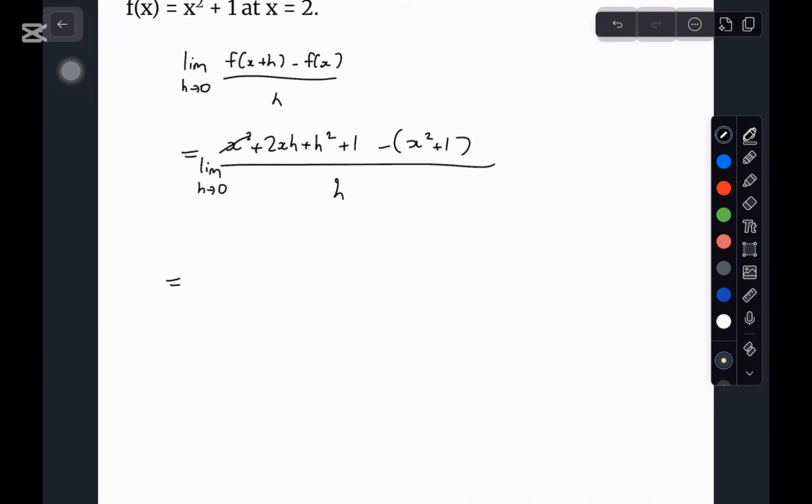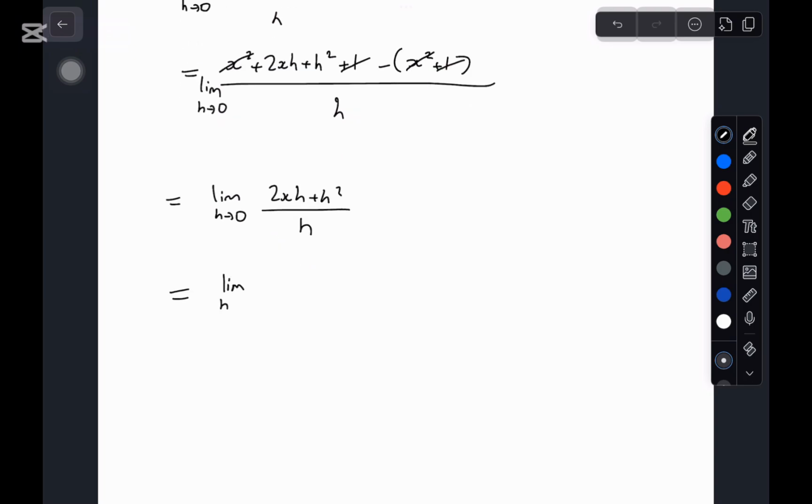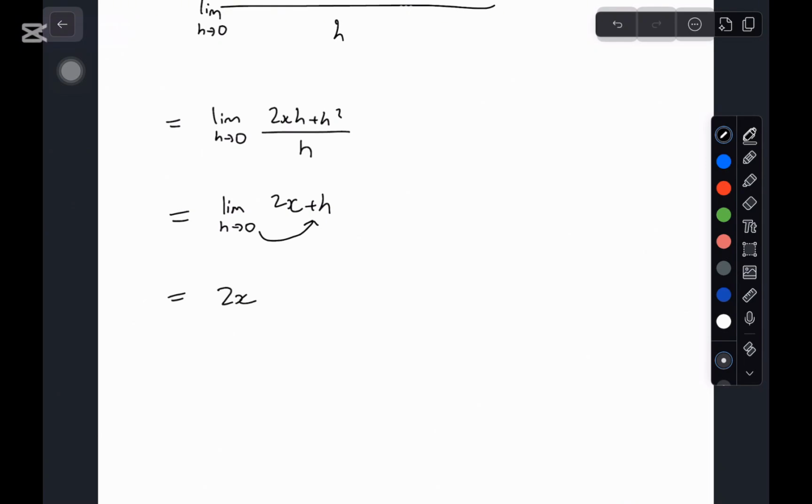We cancel out the terms x squared and 1, so we get limit h tends to 0 of 2xh plus h squared over h. After some simplification and factoring, we get 2x plus h, limit h tends to 0. So when we replace h with 0, we get the final answer, 2x.